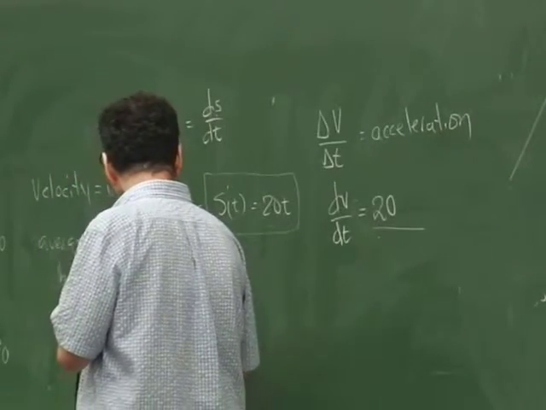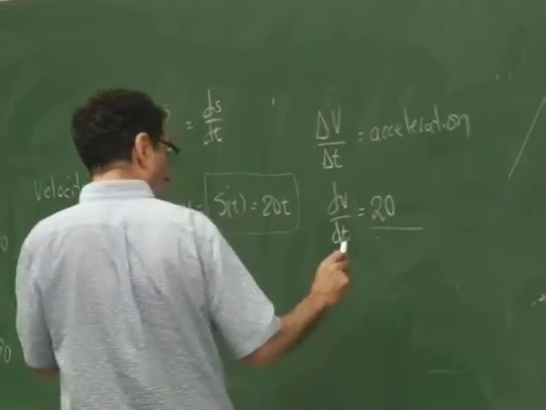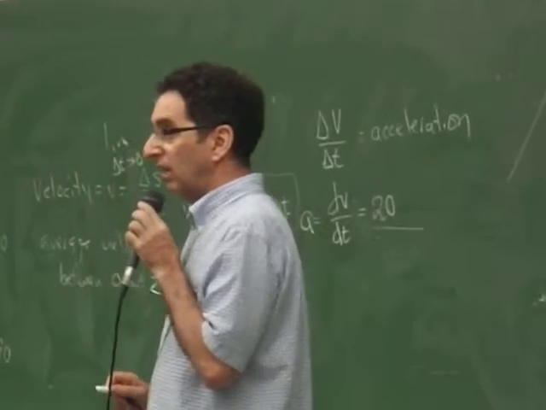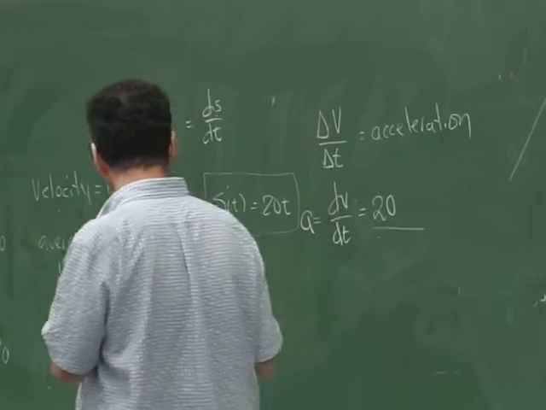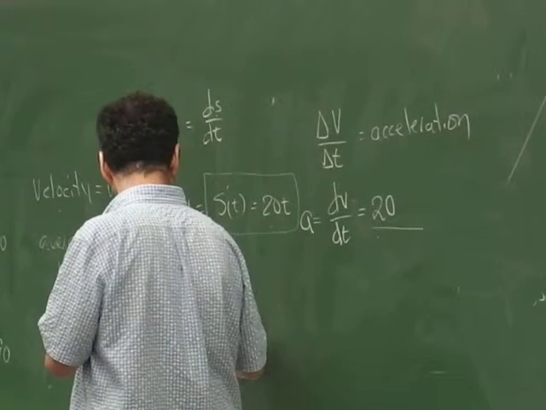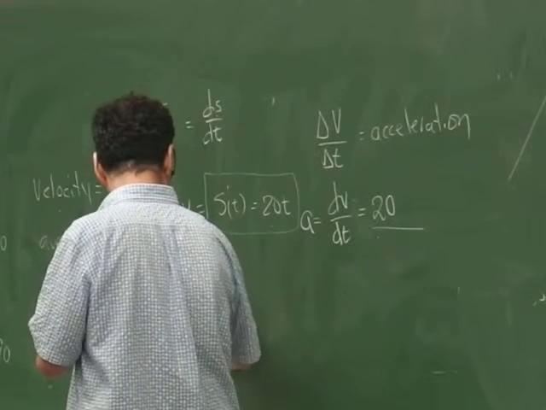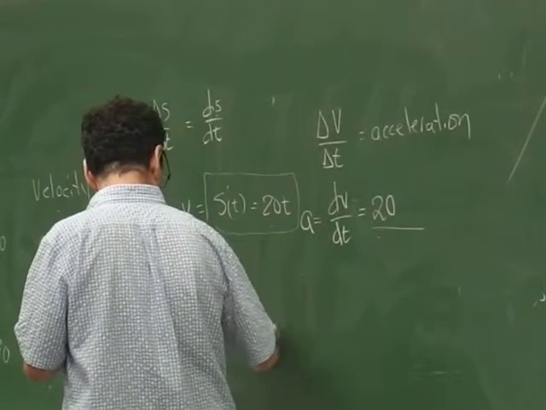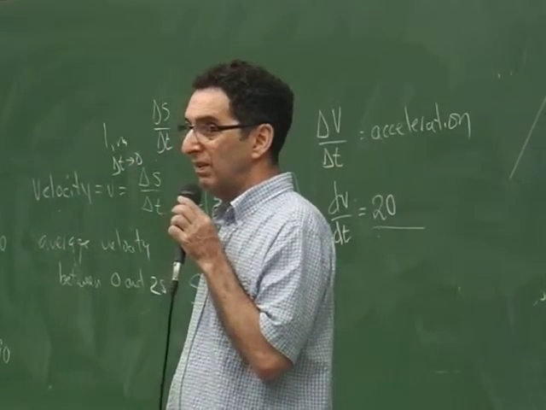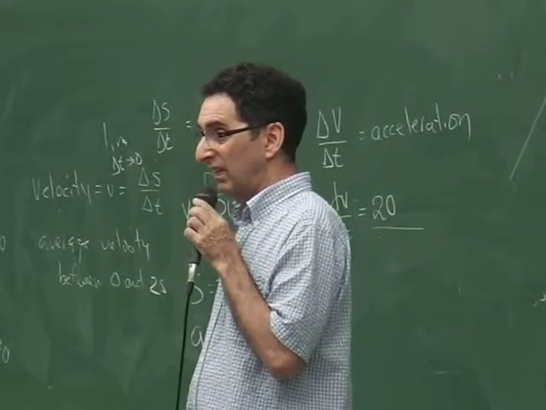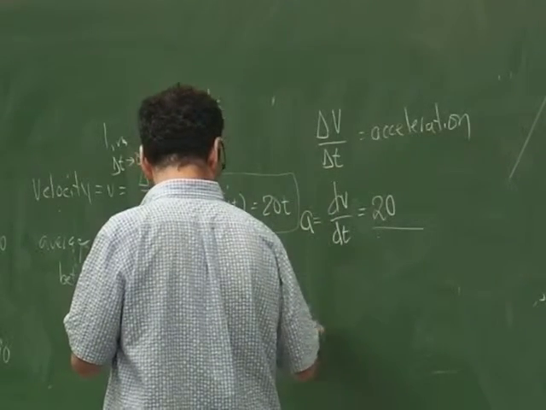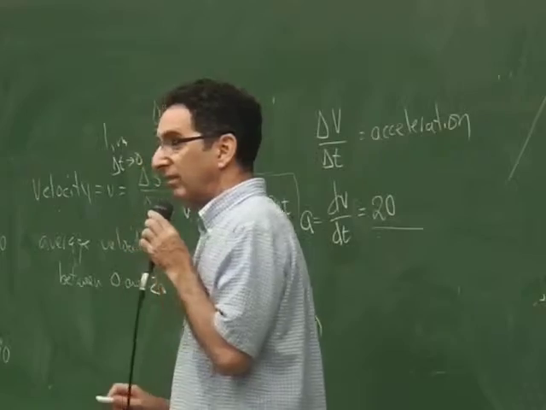So the acceleration, which I'll call a, is what? F prime of t prime. Right? The derivative of the derivative. But we don't usually write it that way. We usually write it like this. Like that.